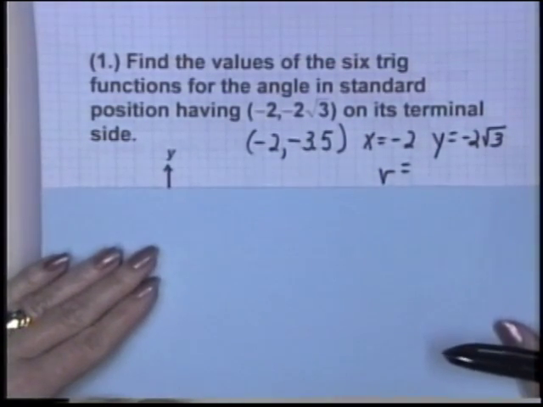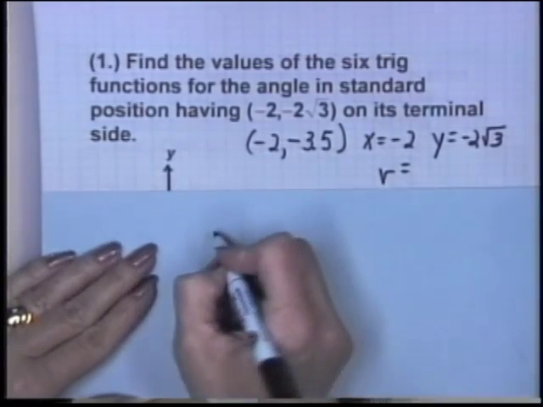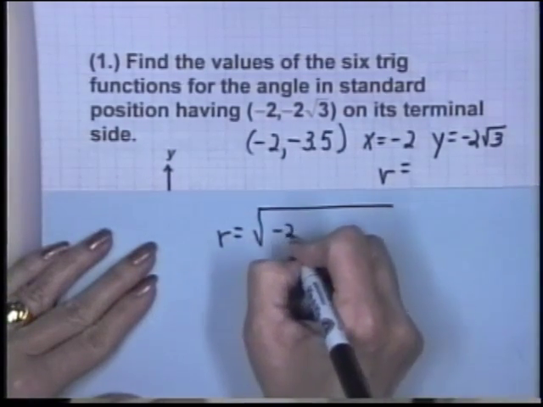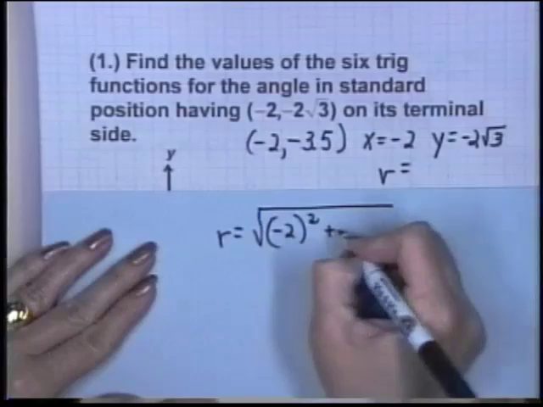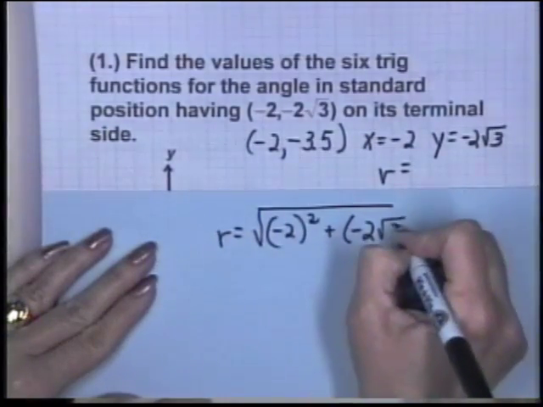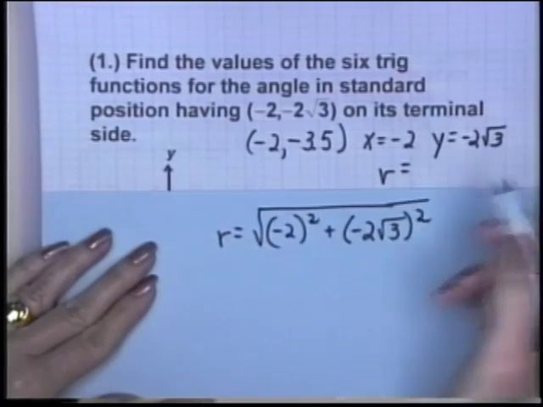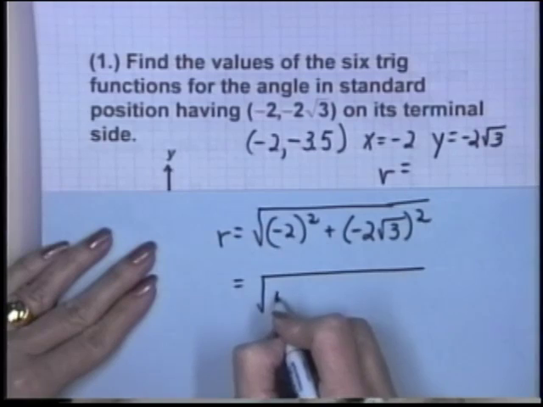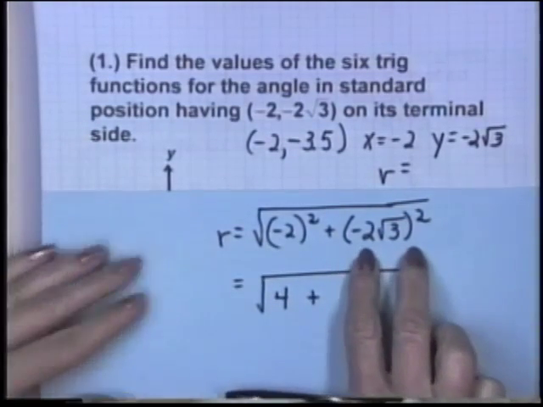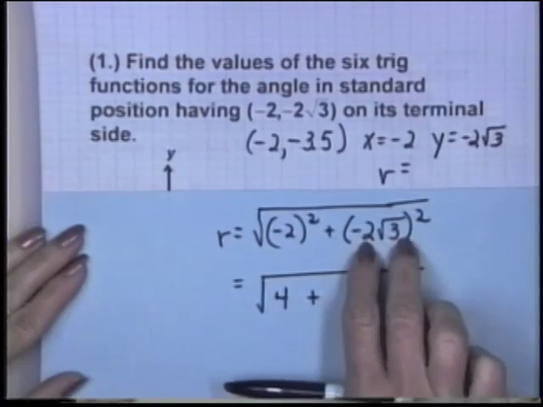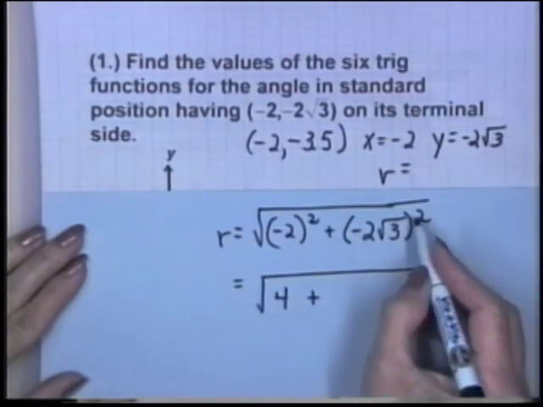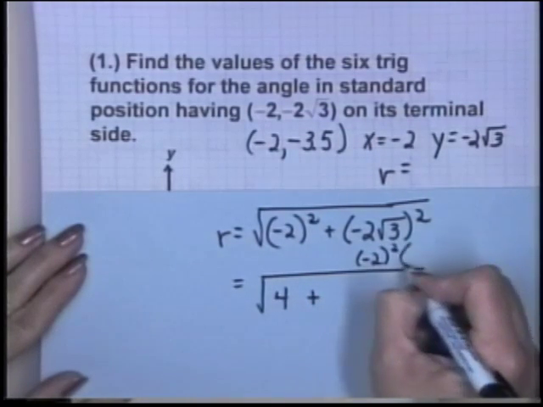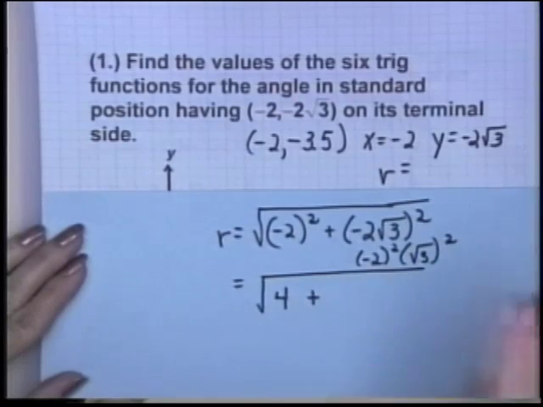So let's do that. We'll use Pythagoras. We'll say r is the square root of x squared plus y squared, and -2 squared is 4. And when we get ready to square this, remember that when these are factors, we can square each factor. I would think -2 squared times the square root of 3 squared.